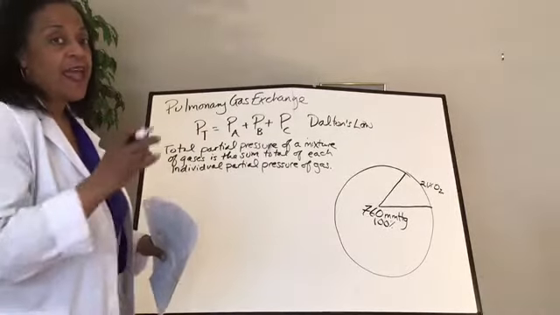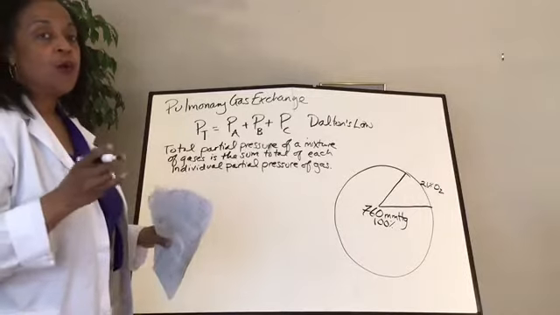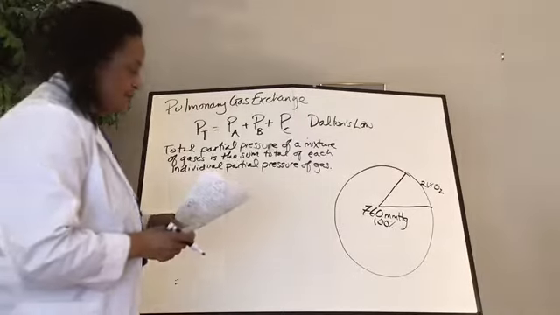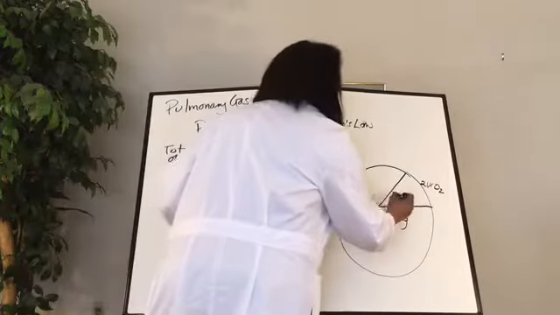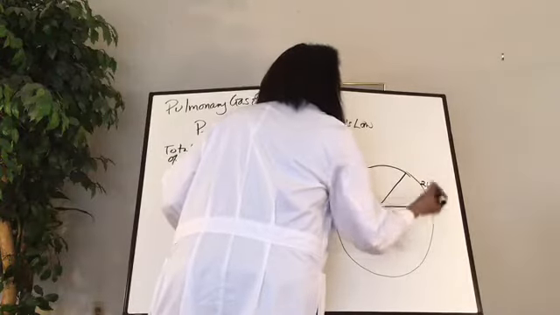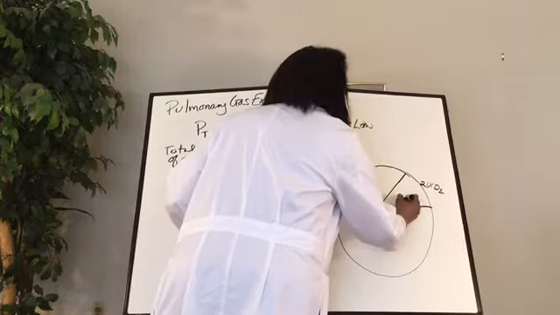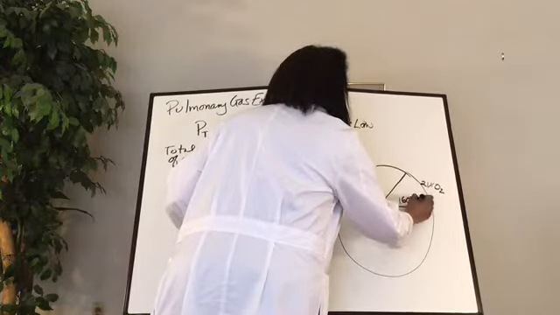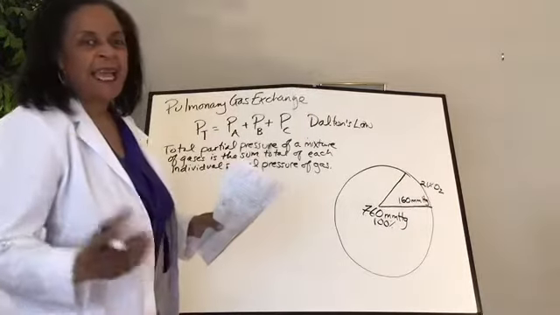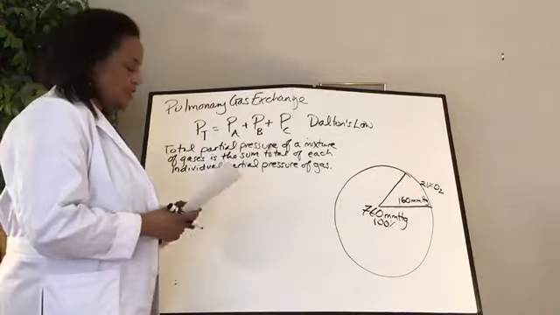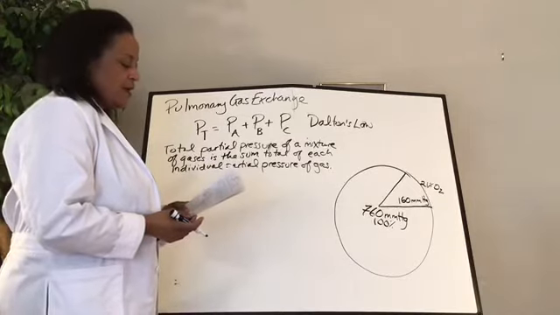Out of that 100% of the atmosphere, 21% is oxygen. That comes to about 160 millimeters of mercury, if I want to use millimeters of mercury. I know in your text it's about 159 point something, but I just rounded it to 160, okay?